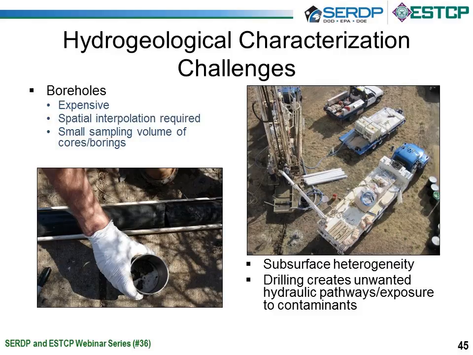So there are challenges in characterizing your sites, and boreholes are expensive. You have to spatially interpolate between these discrete samples. And the sample volume that you get from cores or borings may not reflect the subsurface heterogeneity. In addition, drilling creates unwanted hydraulic pathways, and you may connect units that you would otherwise not want to be connected.